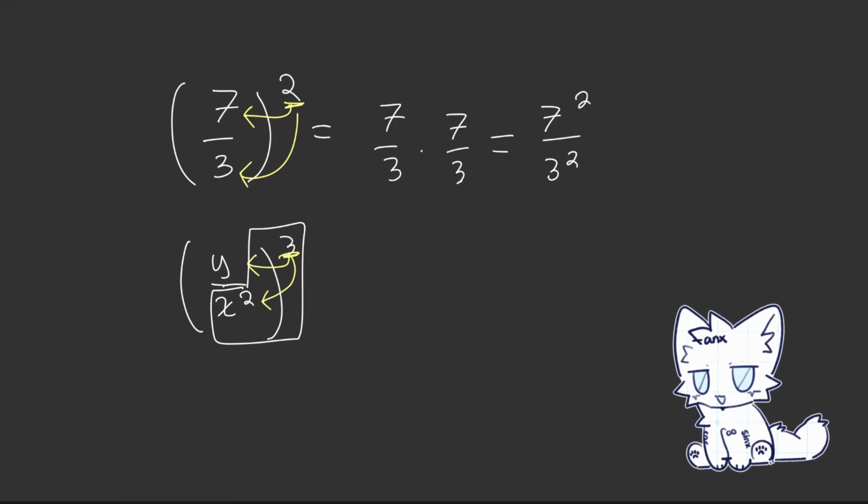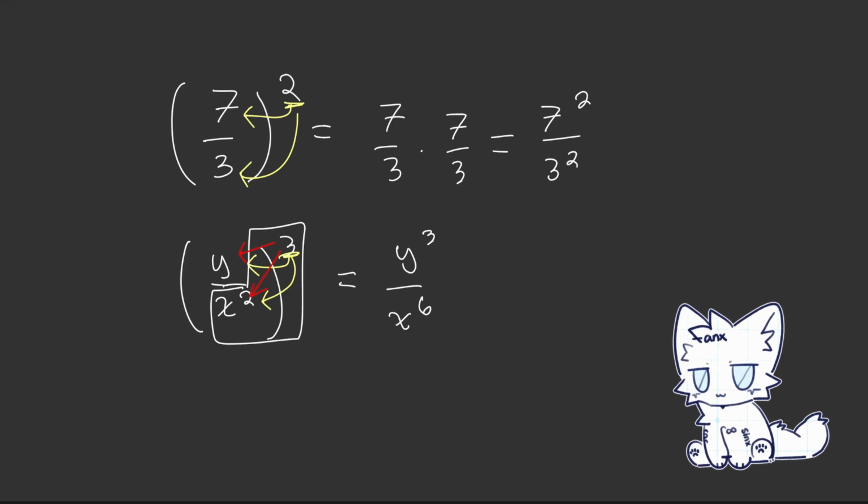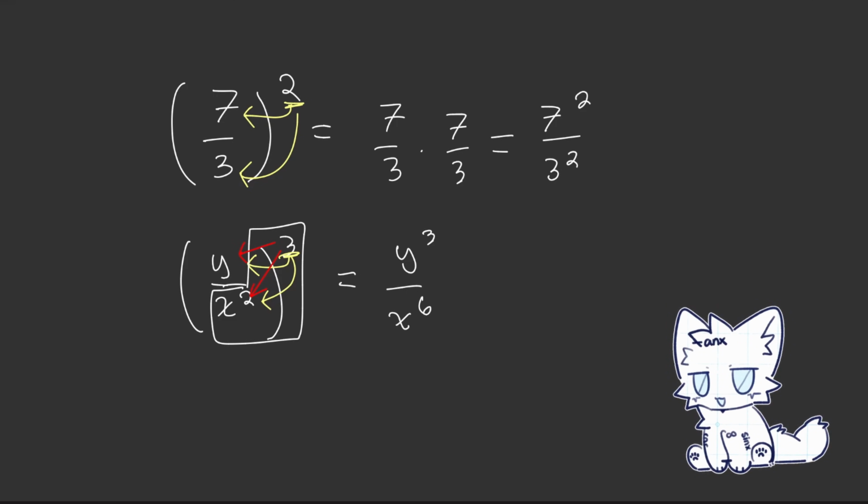Well, we can just multiply the 3 by the 2. So this would just equal y to the third over x to the 6th, because we distributed the 3 to the y, and then we multiplied these two together to get 6. So it'd be y to the third power over x to the 6th power.